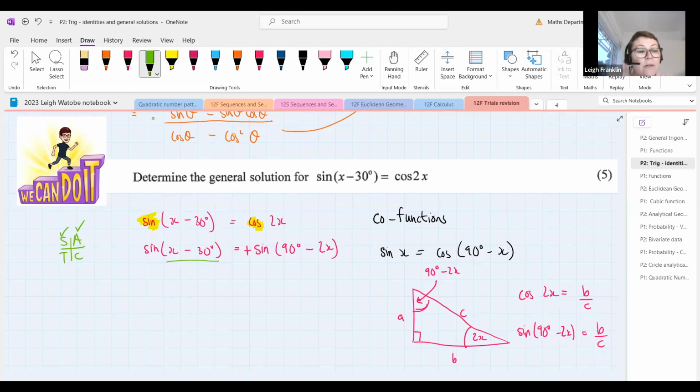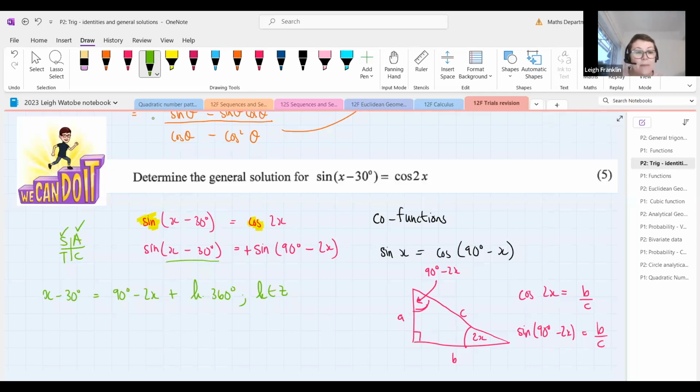So my angle in this case is x minus 30. In quadrant number 1, it's going to be equal to my PAA. So I'm going to use 90 minus 2x as my PAA plus k times 360, k is an element of the integers.